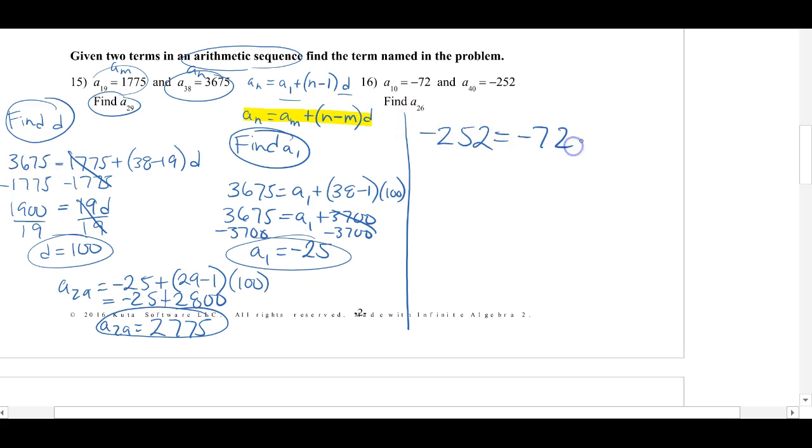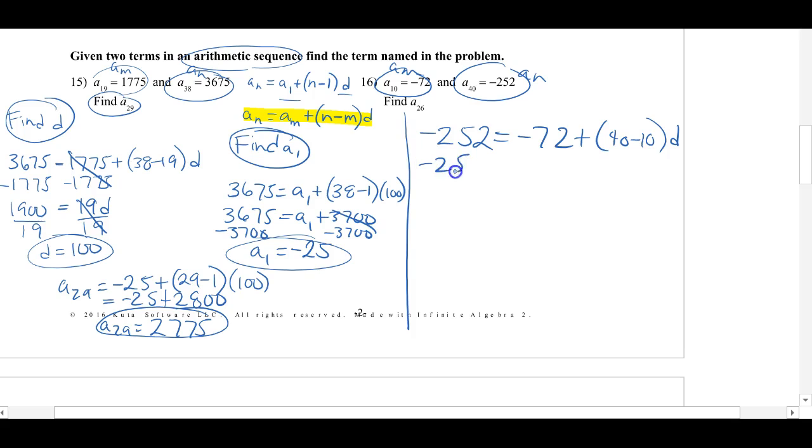And I'm plugging in negative 72 here, plus n still. The n here in this case is 40, because we're going to treat this term like it's an, and this term like it's am, and it's 40 minus 10, because negative 72 is the 10th term, and then times d.